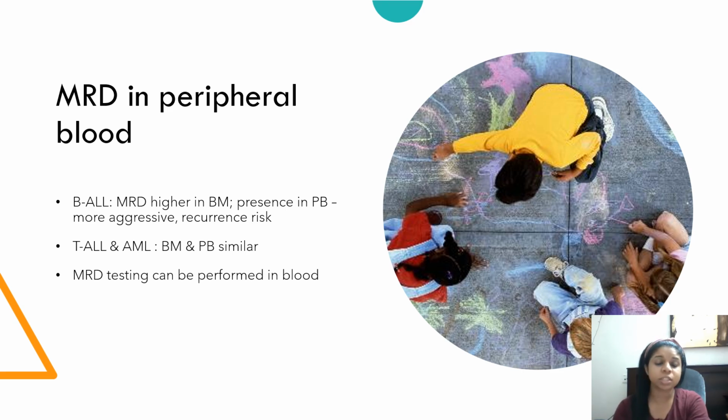And if the cells are present in peripheral blood, that means it is more aggressive and there is a high chance of recurrence of the disease. And in T-ALL and AML, bone marrow and peripheral blood will show a similar quantity of MRD cells. So in T-ALL and AML cases, MRD testing can be performed even with peripheral blood.